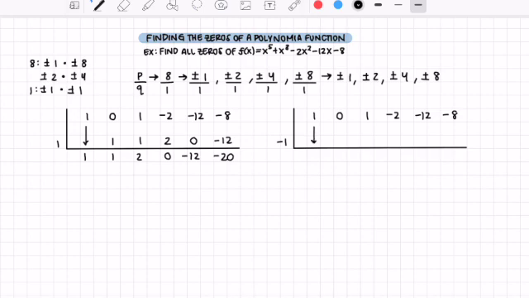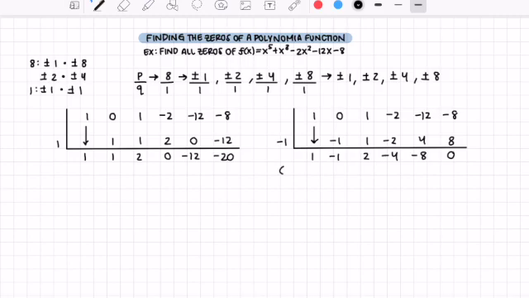Drop down the 1. I get here negative 1, negative 1, 1, 2, negative 2, negative 4, 4, negative 8, and this becomes 0. So definitely negative 1 is a factor of the polynomial.